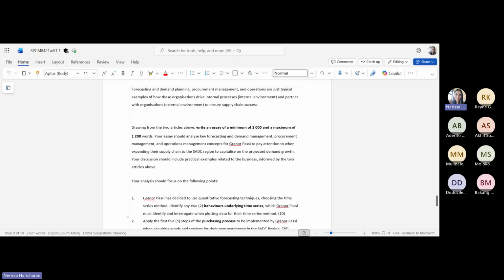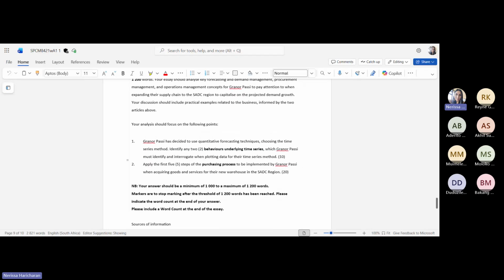You need to analyze key forecasting and demand management and procurement operations for Grana Parsi to pay attention to when they're expanding their supply chain to the SADC region to capitalize on projected demand growth. Your discussion should include practical examples related to business informed by the two articles provided above.